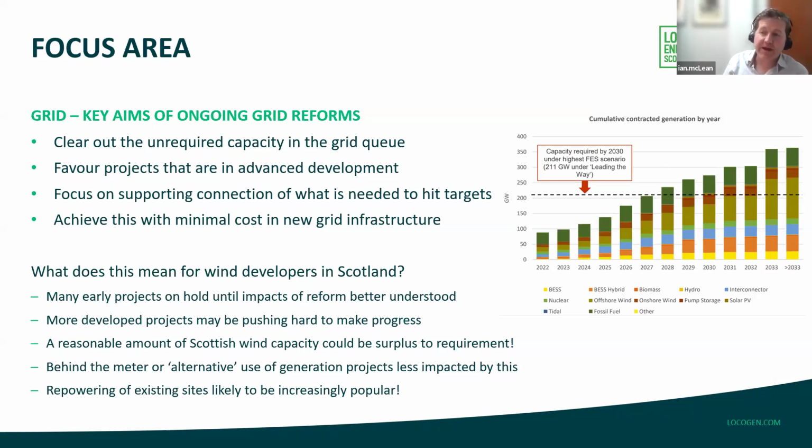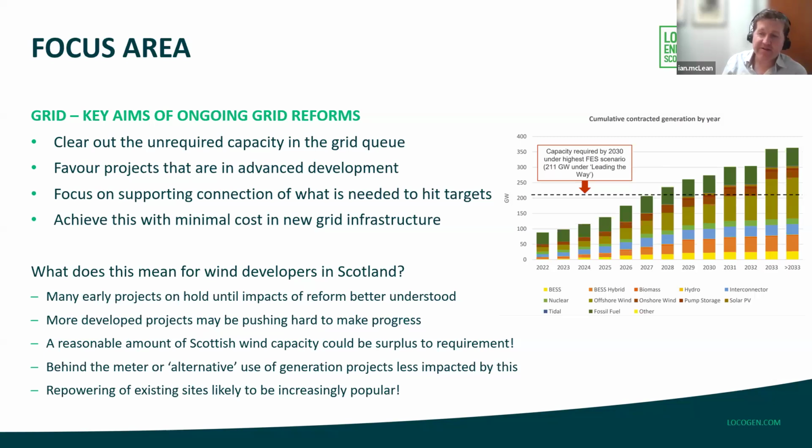So it could well be that Scottish onshore wind capacity, that people have secured, may not actually be something that the network operators need, or is oversubscribed in the area.